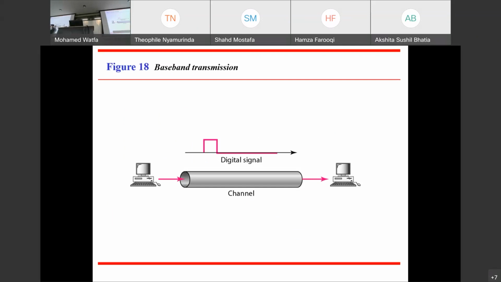So I have to convert from digital data to, not analog, digital data to digital signal. Digital data on my computer to a digital signal that could be transferred on the media. That's what we usually do in this kind of scenario.